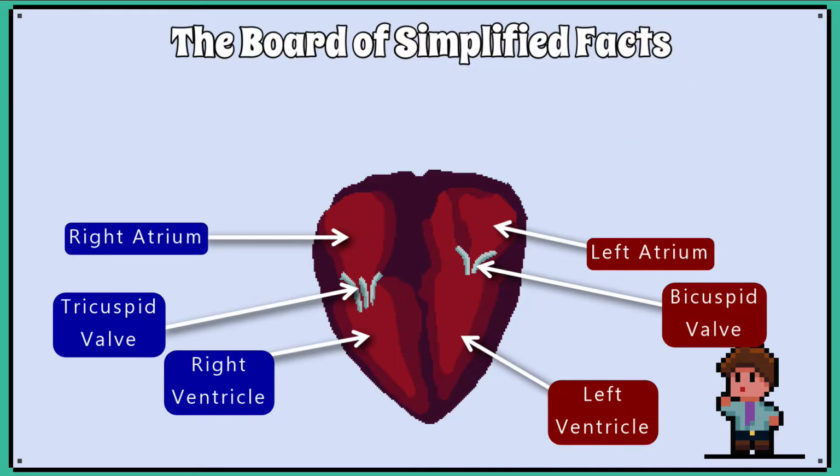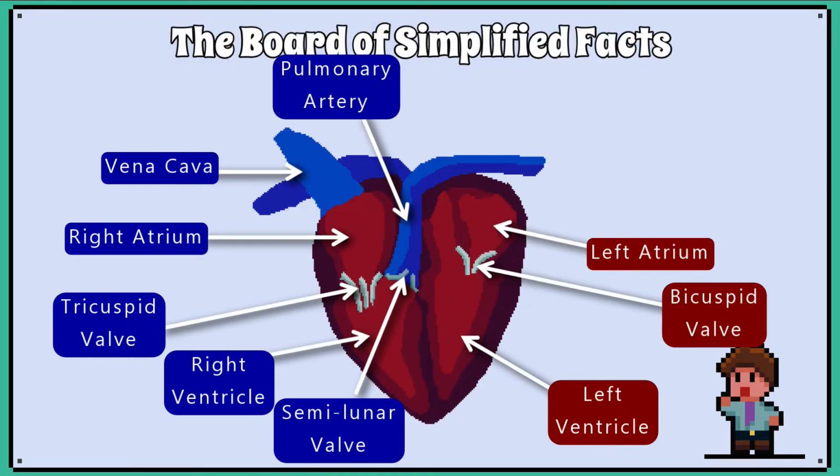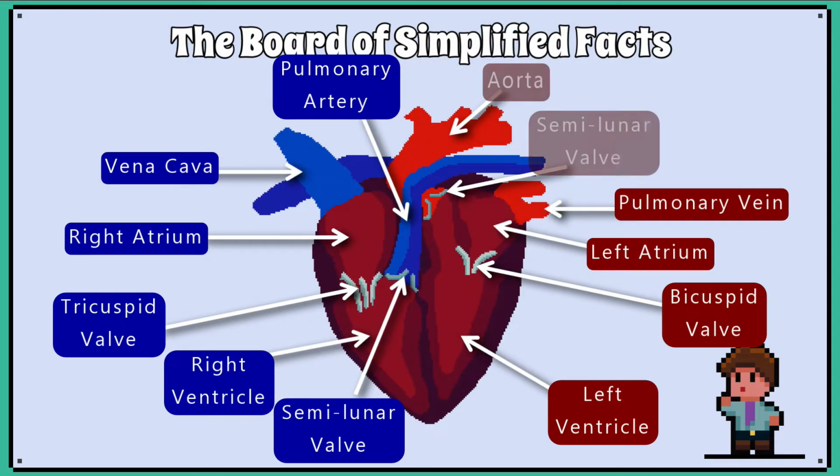The vein coming from the body and into the right atrium is called the vena cava. The artery leaving the right ventricle is called the pulmonary artery, and it has a semilunar valve. The vein coming back to the left atrium is called the pulmonary vein. The artery leaving the left ventricle is called the aorta and has a semilunar valve too.